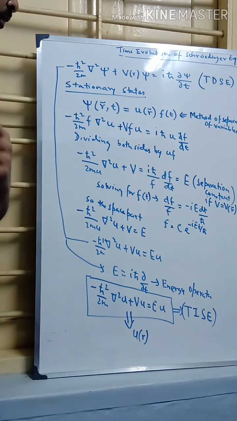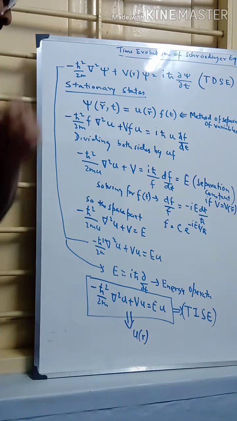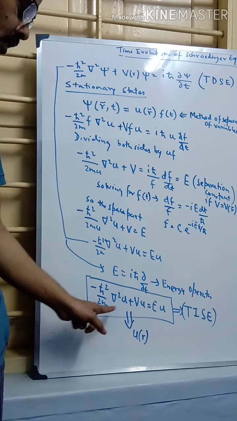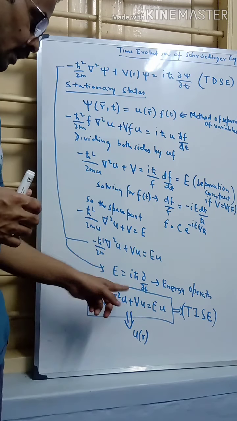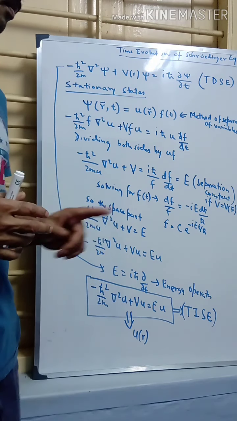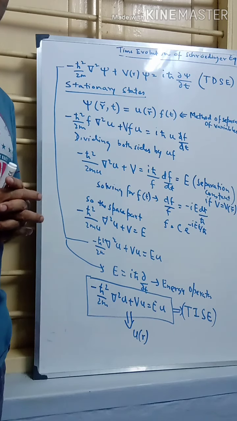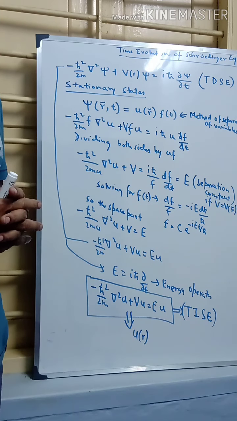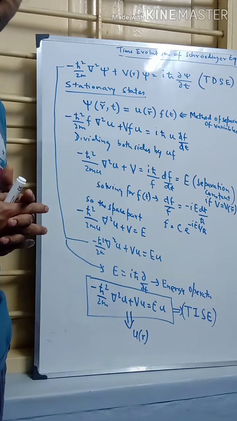So this is going to give us the solution u(r), which is the space part of the wave function. We cannot go further beyond this particular line until and unless the knowledge of V is known, and this V must be time independent, as in real physical situations V is many a time time independent.